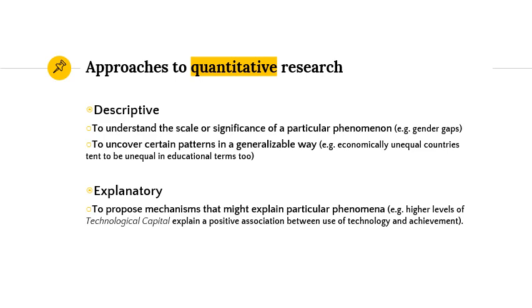We could also have an approach that is more explanatory in nature. And what we do in this case is to propose mechanisms that might explain a particular phenomenon. For example, we know probably that there is a positive association between technology and achievement. There might be evidence in the literature or from our own research that children who use more technology also tend to perform better in school.